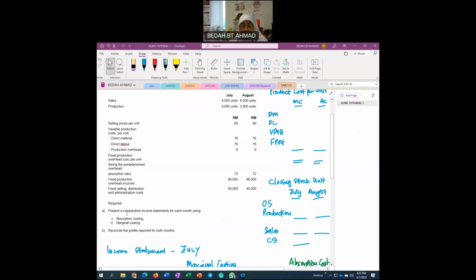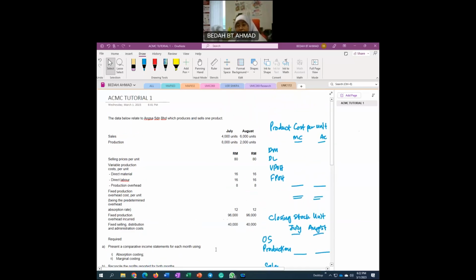Required: A, present a comparative income statement for each month using absorption costing and marginal costing. B, reconcile the profits reported for both months. For today, for tutorial 1, we are doing just A, which is to present the comparative income statements, absorption costing and marginal costing.